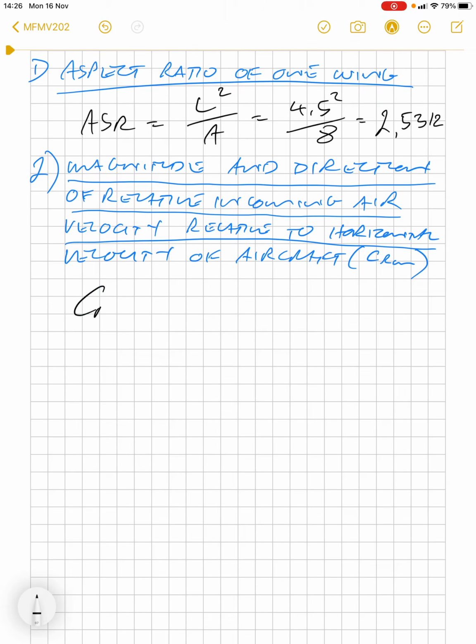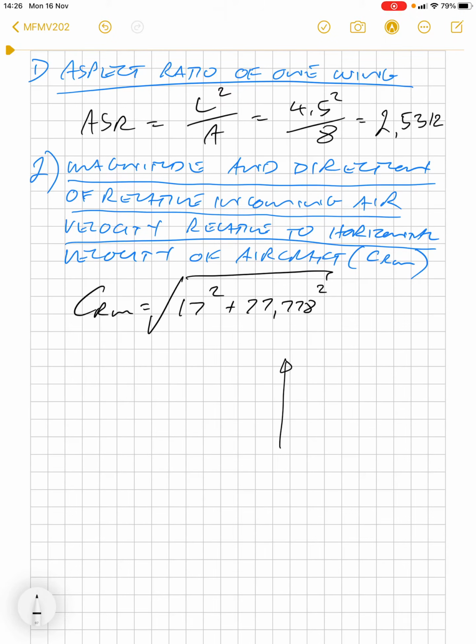So CRM equals the square root of 17 squared plus 77.778 squared. And where do we get that?